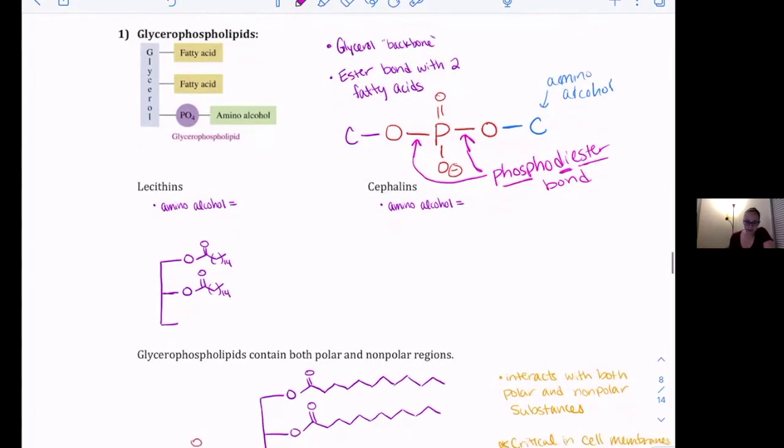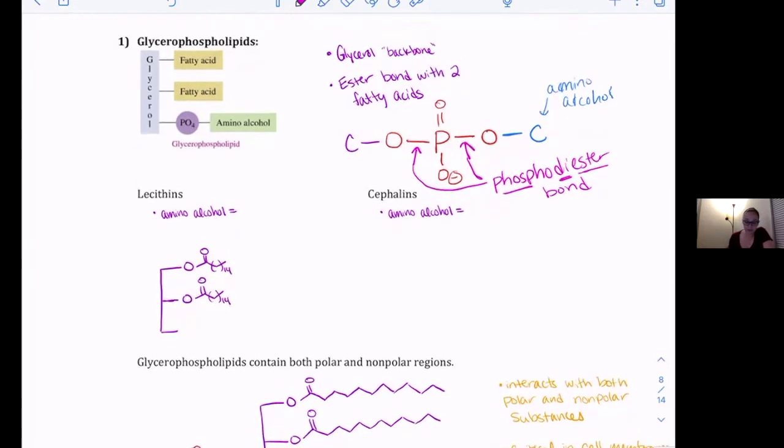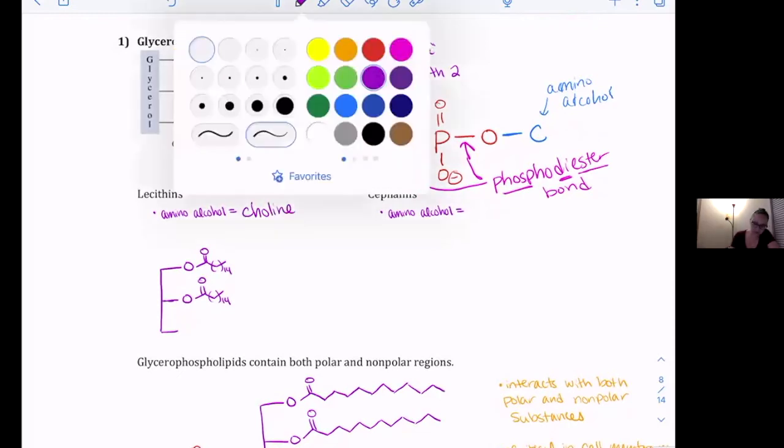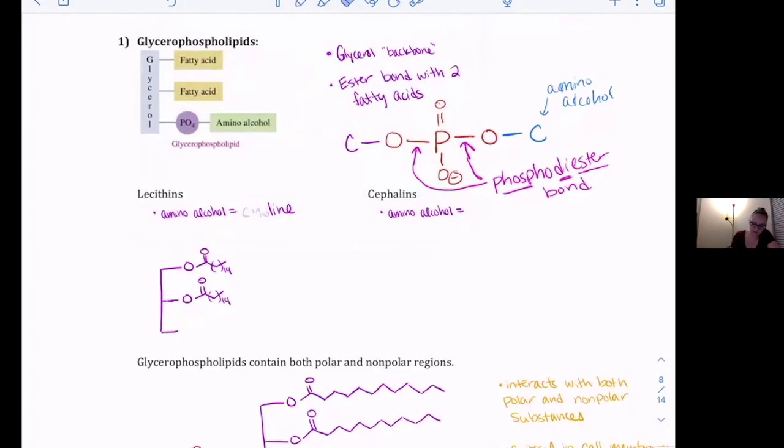There are 2 different versions of glycerophospholipids. They're lecithins and kephalins. The amino alcohol is all that changes in these. So it's determined by whatever amino alcohol is connected at the end there. If the amino alcohol is choline, which looks like this, let's do it in blue actually.